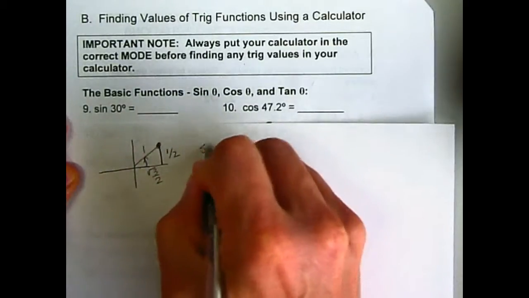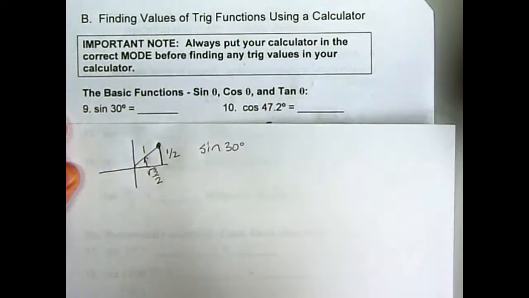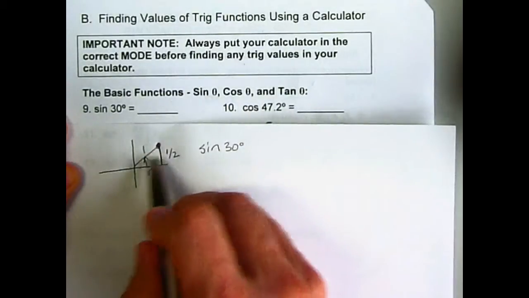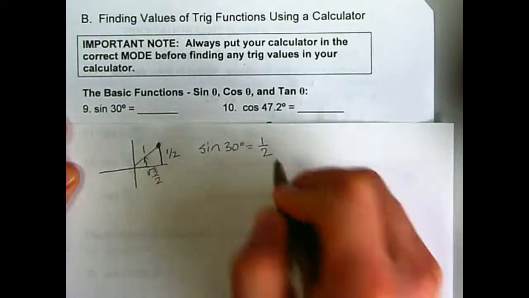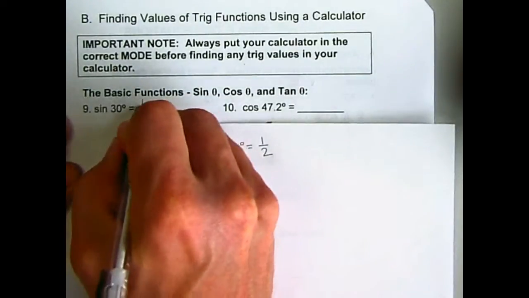So my sine of 30 degrees is going to be my opposite over my hypotenuse, or my y over my r. So this is just going to equal a half. Okay, so we know that that's what we should get in here is a half.